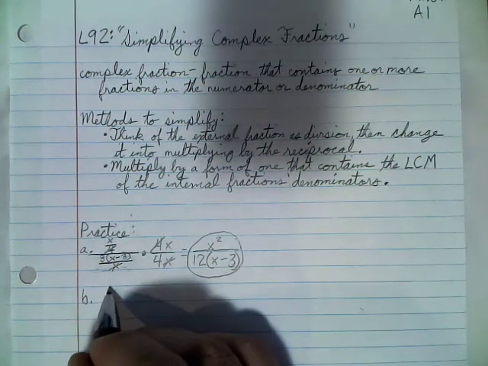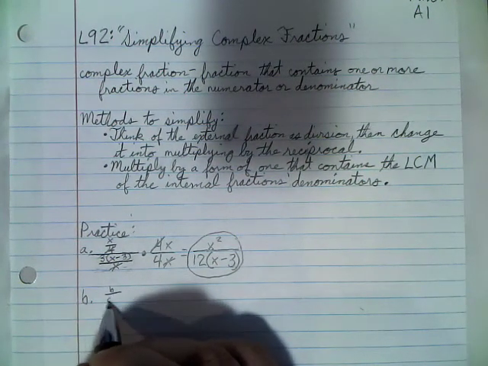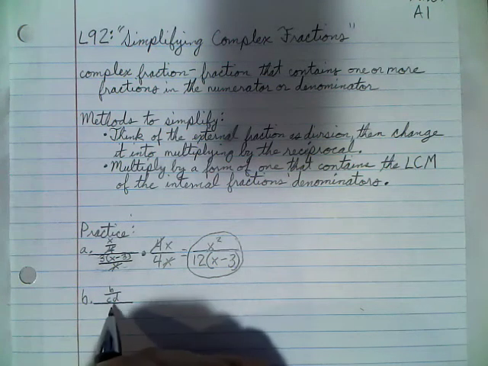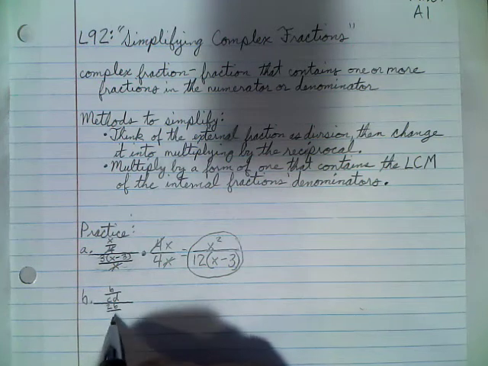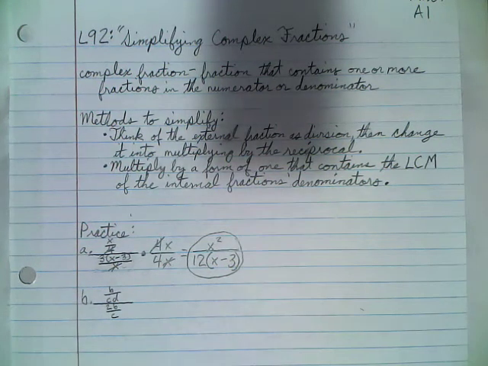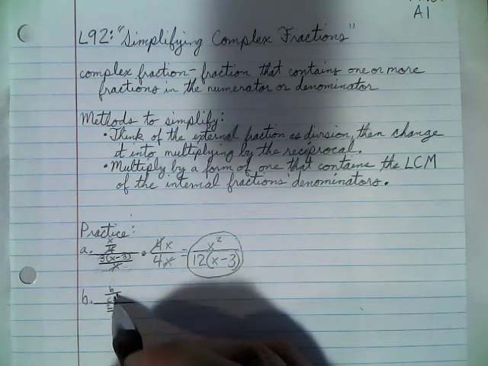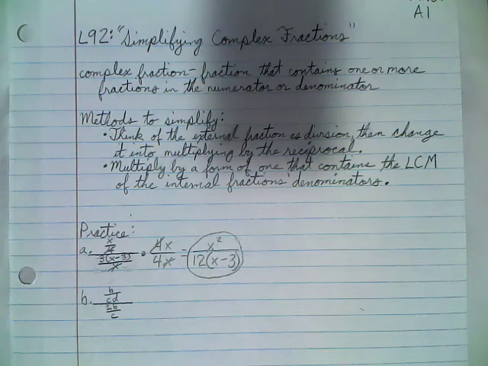So when I look at B, I have b over cd, and all of that over 2b over c. Likewise, this is simple enough that I could go ahead and just find a common denominator.